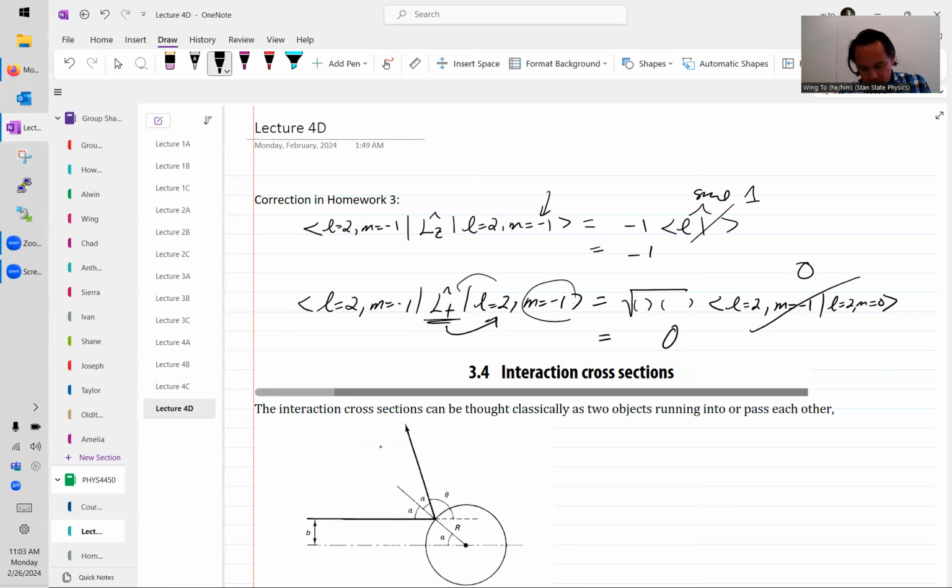So in the solution, if you put the answer that I originally put, which is L times L plus 1 minus M times M plus 1 for the plus operator, whatever this number equals, just mark that as correct. But if you put 0, that's also correct. That was just my mistake.